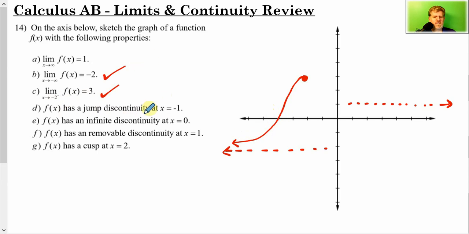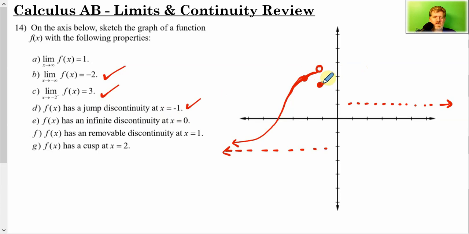Now a jump discontinuity at negative 1. So a jump means that it goes from one place to another place. So let's just say this keeps on connecting through. And then it's got to start here and go somewhere, up or down, I don't know. But that's your jump discontinuity. Now an infinite discontinuity at 0.